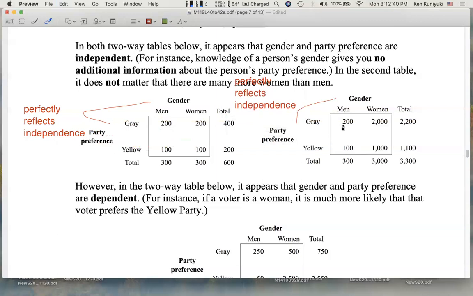Because in both groups, the gray party is beating the yellow party by a margin of 2-to-1. And for both parties, with the gray party members, women outnumber men 10-to-1, but that's also true among the yellow party members. It's 10-to-1. So knowledge of the value of one variable gives you no information about the other variable and what value it could be. There's no additional information.